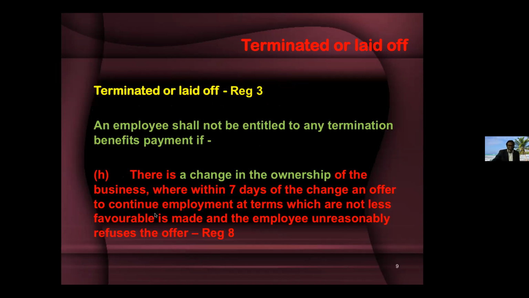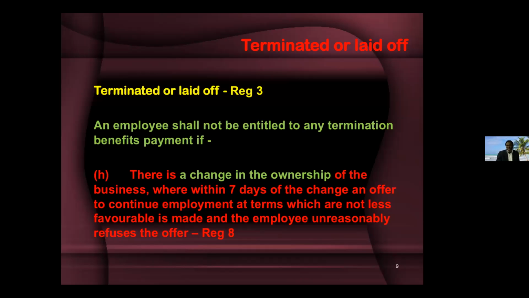Moving on, we have other areas, where we're talking about change of ownership in a business. Where within 7 days of the change, an offer to continue employment at terms which are not less favorable is made, and the employee unreasonably refuses the offer again.